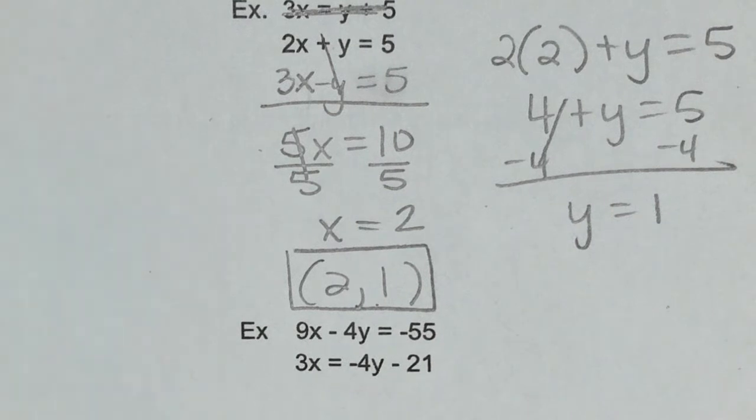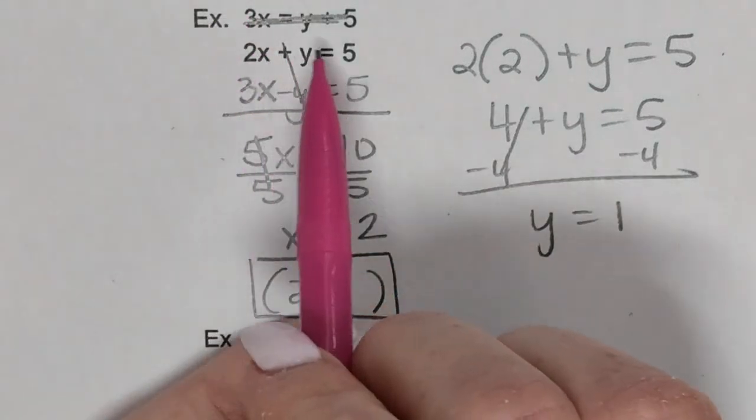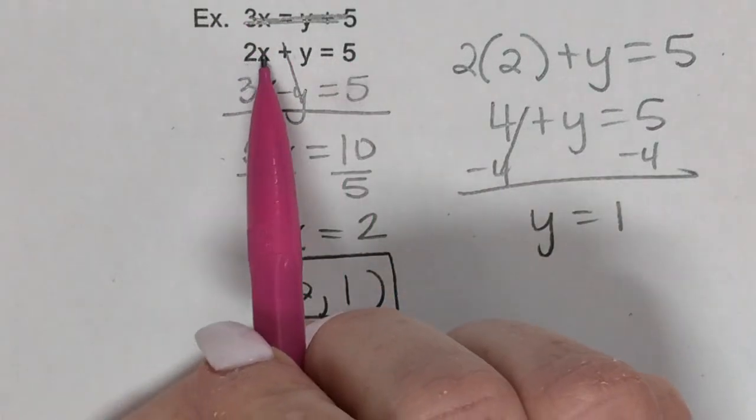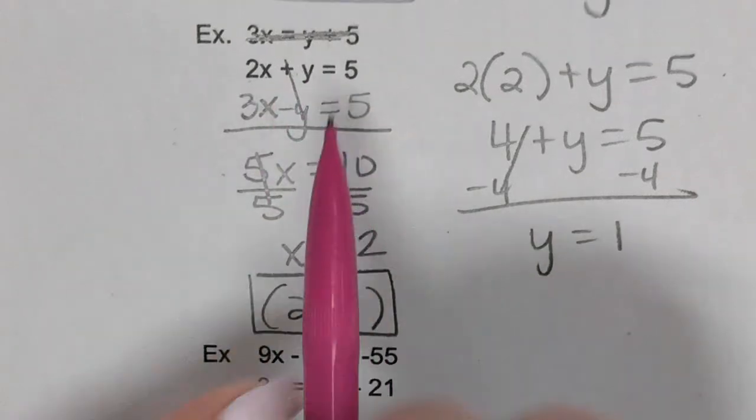I got positive 1. No, I used this one. 2 times 2 plus y. Did you use this one? Yes. All right, let's go do that one.